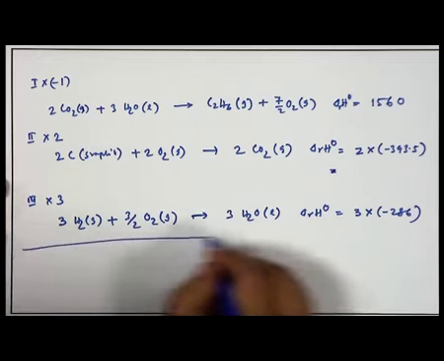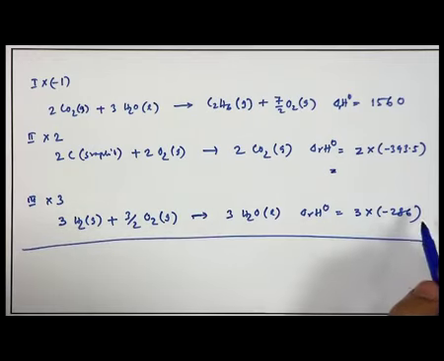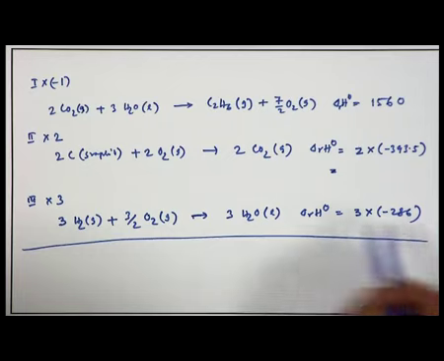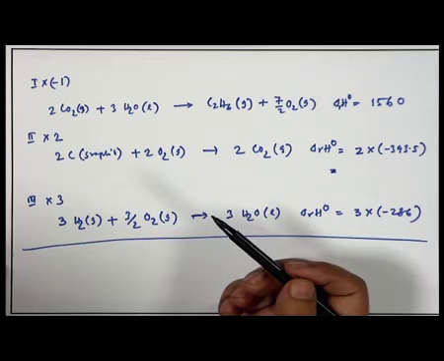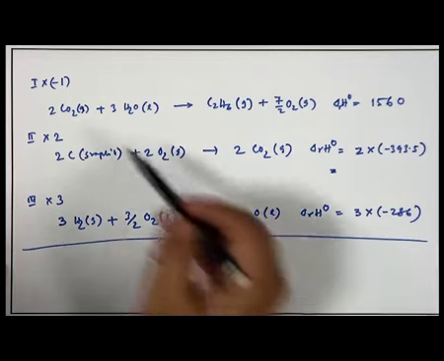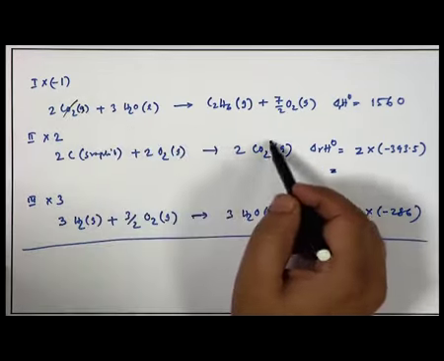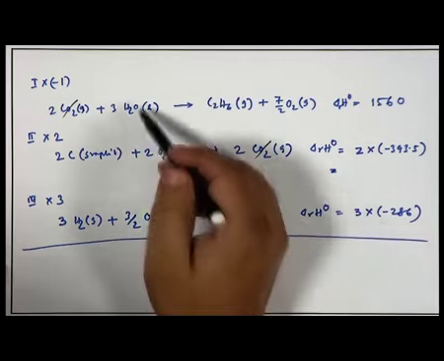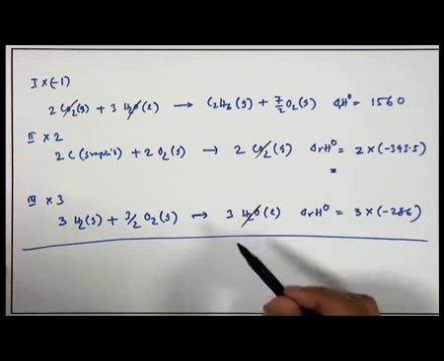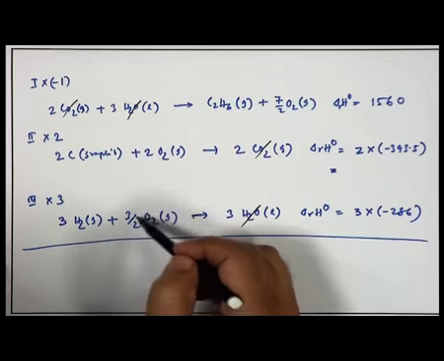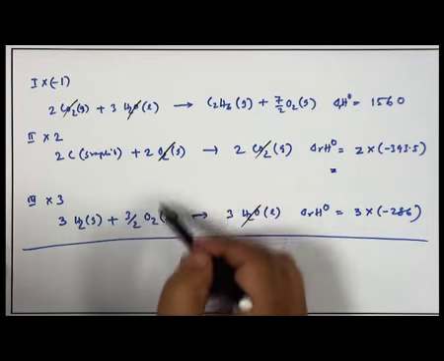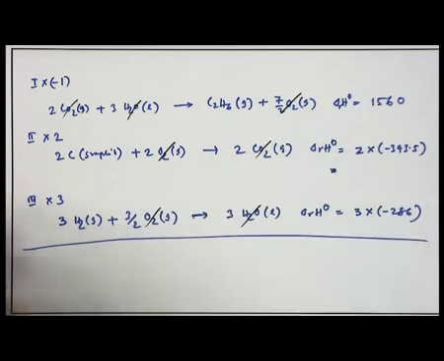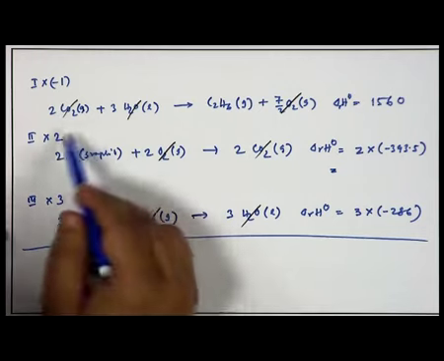So, if you add these, what will we get? The carbon dioxide will cancel out, the 3 water will cancel out, and 2 oxygen and 3/2 oxygen will cancel out with 7/2 oxygen on both sides.